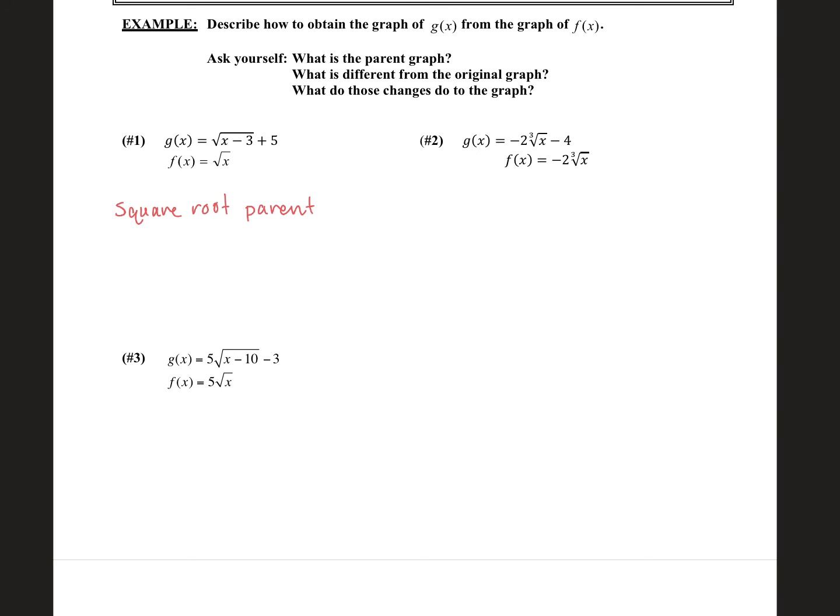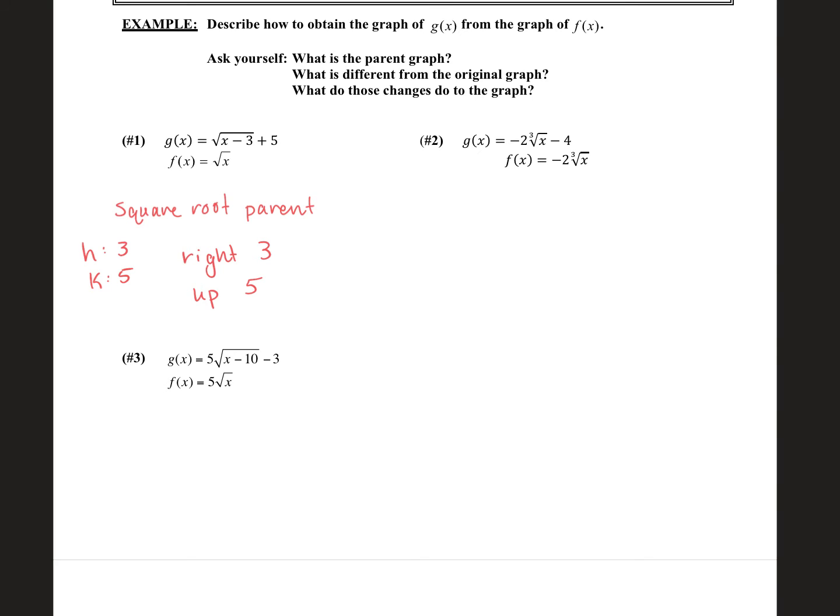Okay, so in g, h is 3 and k is 5. So that means the difference here is we're moving the graph right 3 units and up 5 units. So we're moving that starting point to the right 3 and up 5.